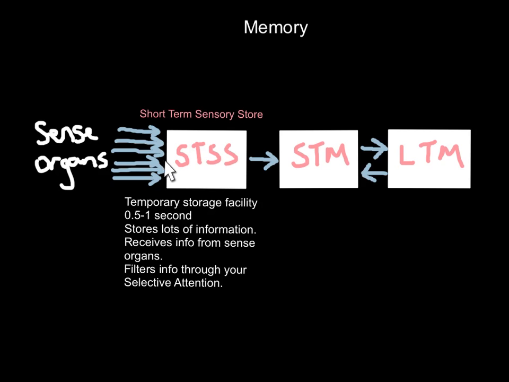There's the sense organs feeding information into the short-term sensory store. But now here's the key thing: look at the number of arrows here, and look here, there's only one arrow, because there's something else that your short-term sensory store does. It also includes something you'll be familiar with if you've looked at information processing.